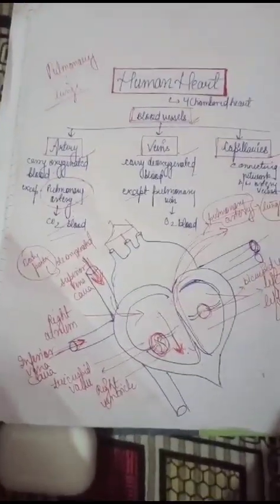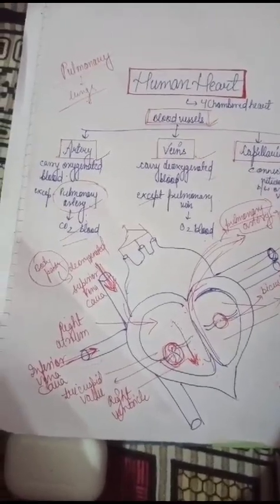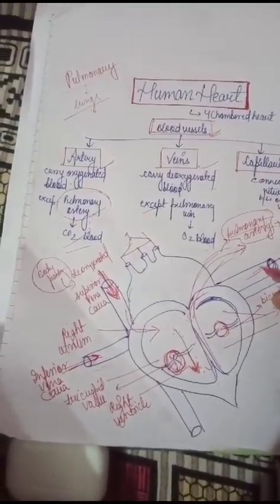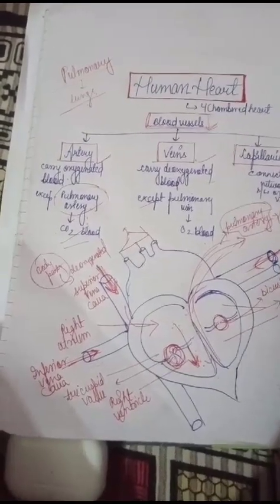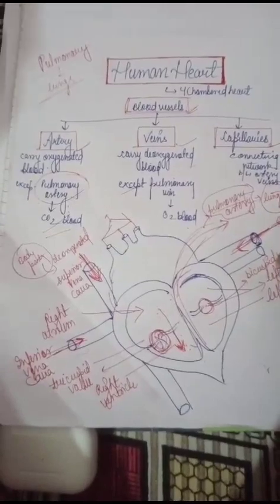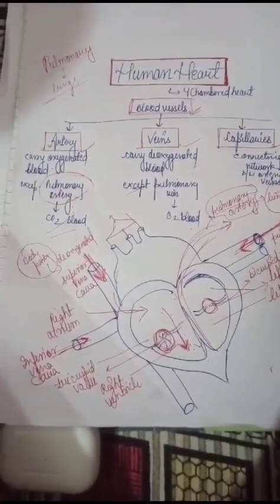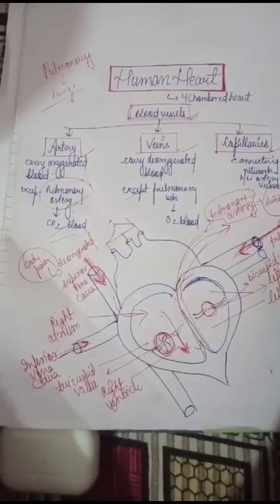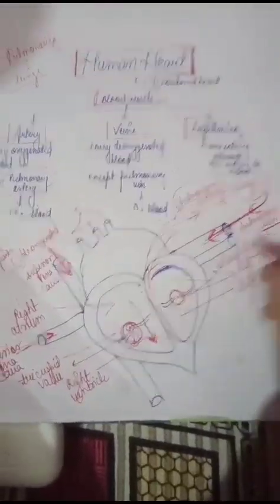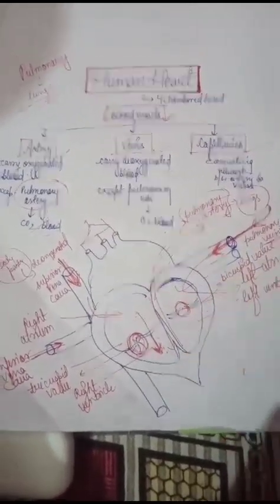Then after going to the lungs, it comes back. The lungs purify the blood. Then it comes back through the pulmonary vein, which is itself an exception, and enters the left atrium.